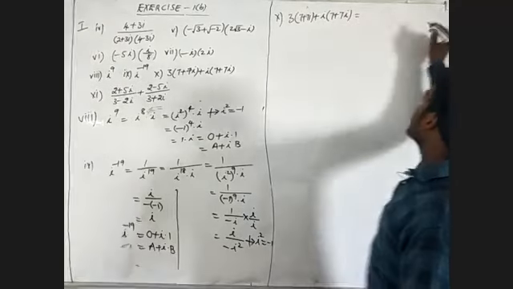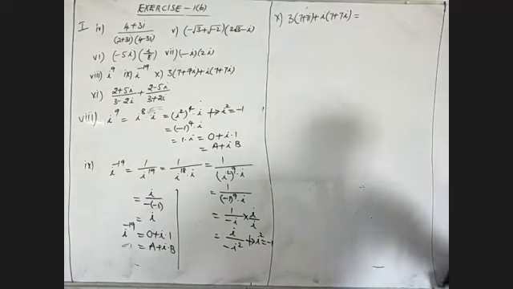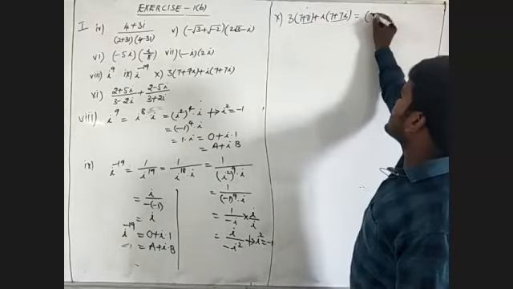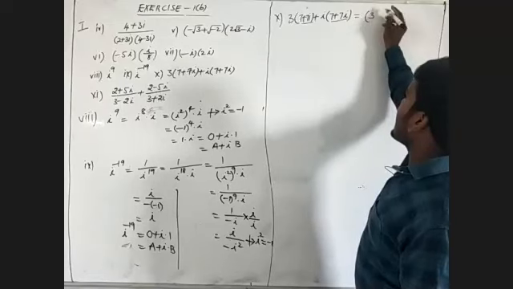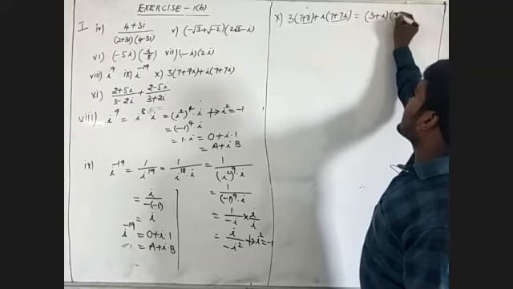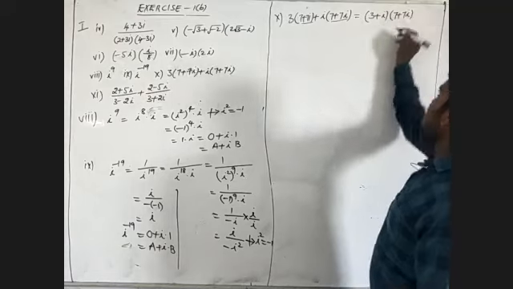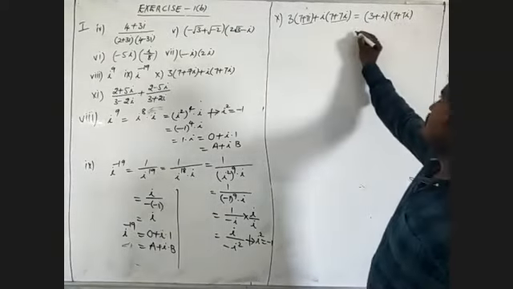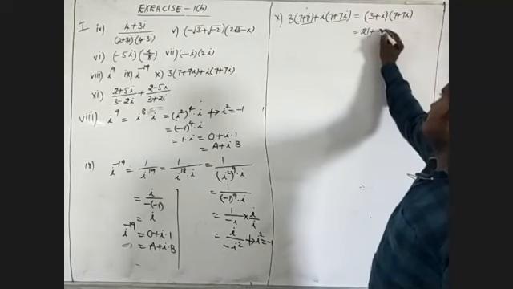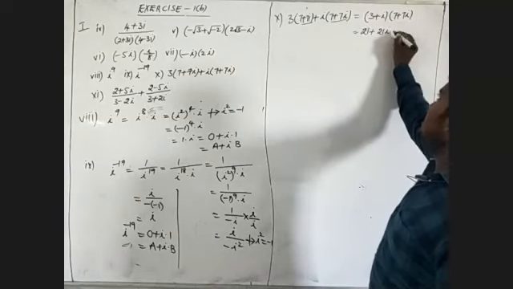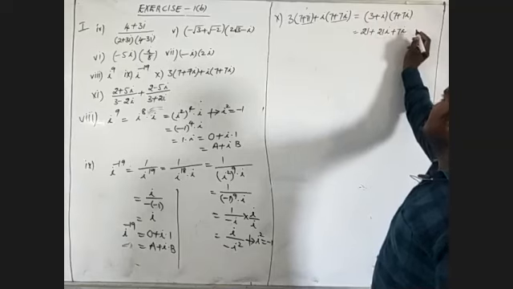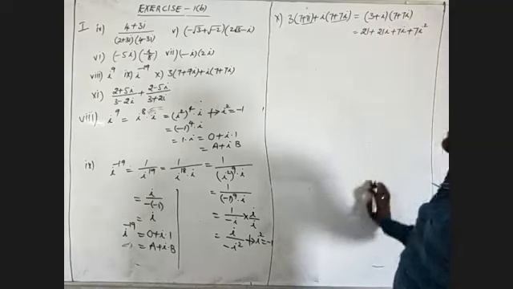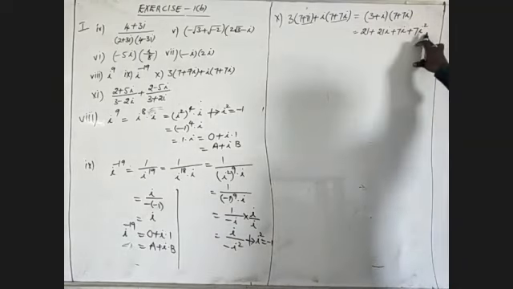We will observe that both have a common term, so it must be written as 3 plus i into the common term 7 plus 7i. 3 multiplied by this term: 3 sevens are 21, plus 3 into 7i is 21i. 7 into i is 7i, plus 7i into i is 7i square, where i square is equal to minus 1.